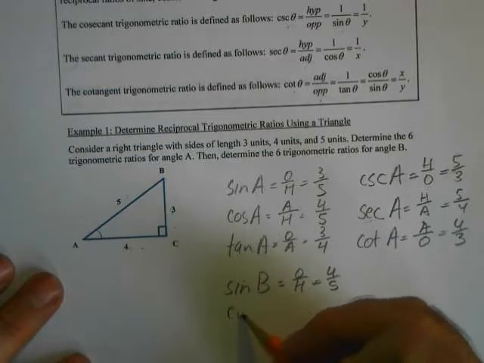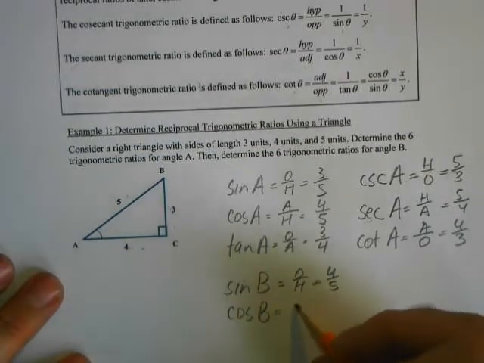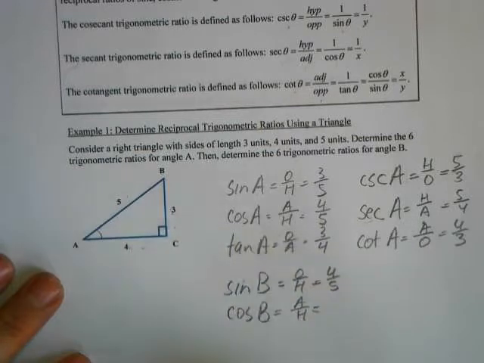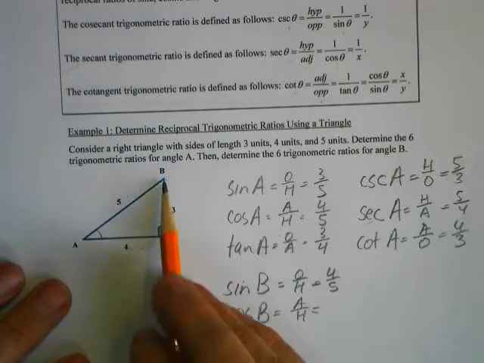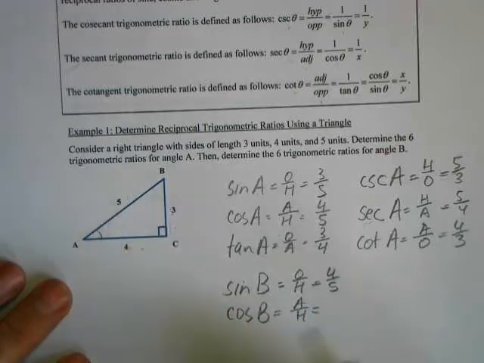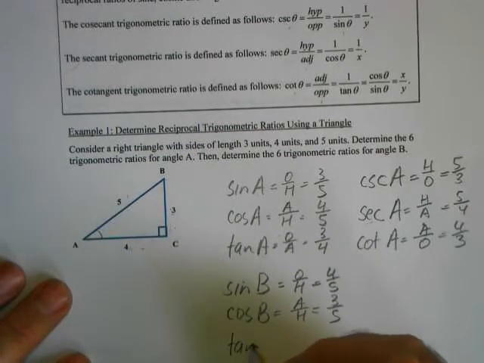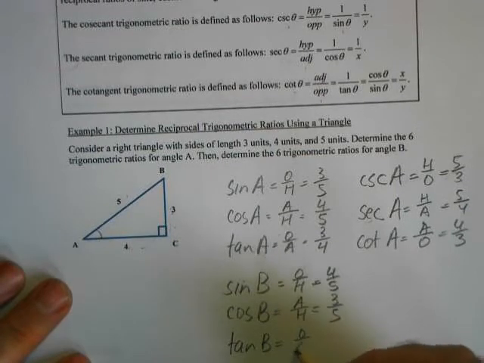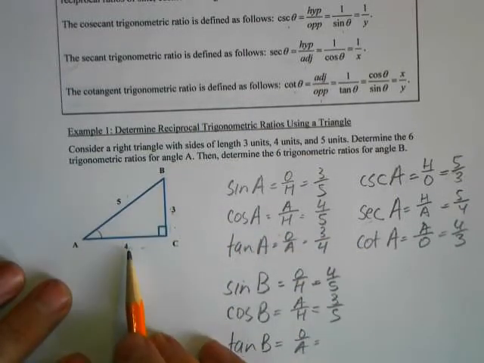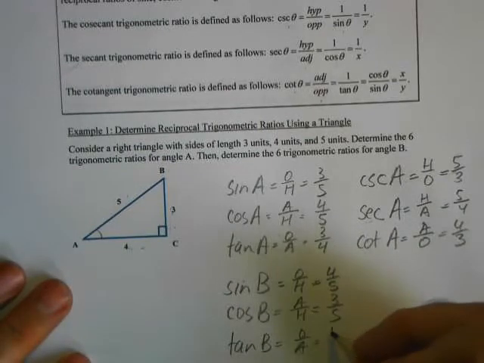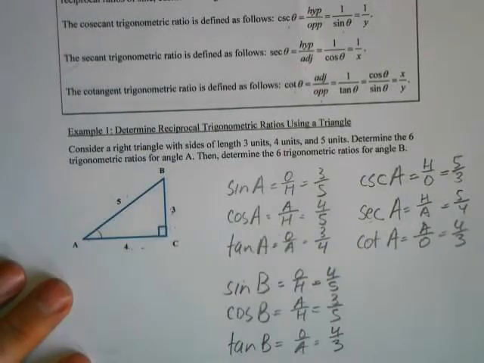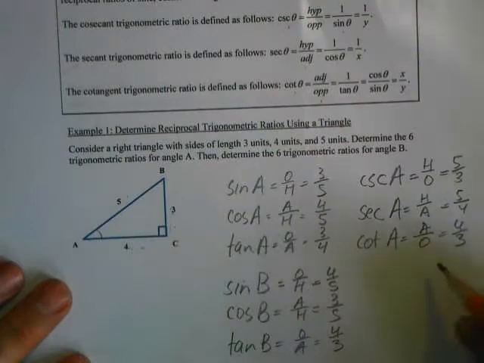Then we'll do cosine of B, which is adjacent over hypotenuse. Adjacent side would be 3 over 5. And then finally, tan of B is opposite over adjacent, which is 4 over 3. Okay, let's do the reciprocal.